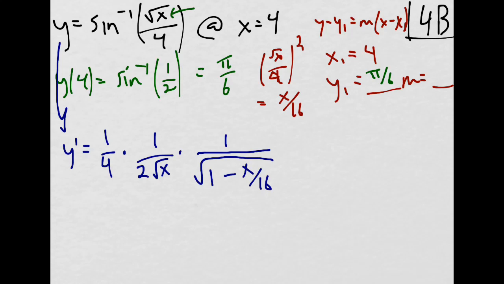I don't need to simplify it. The whole reason I did that was so that I could find m at x equal to 4. So I'm going to plug in x equal to 4 right there and right there.